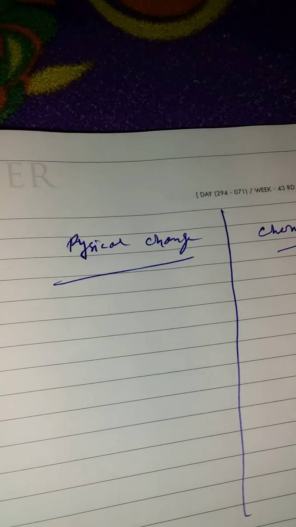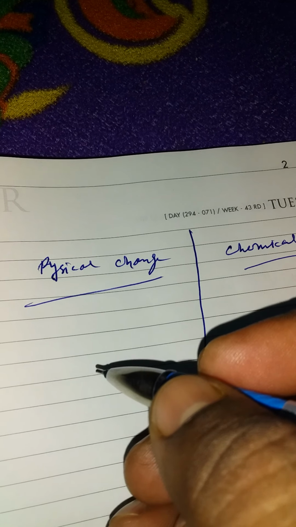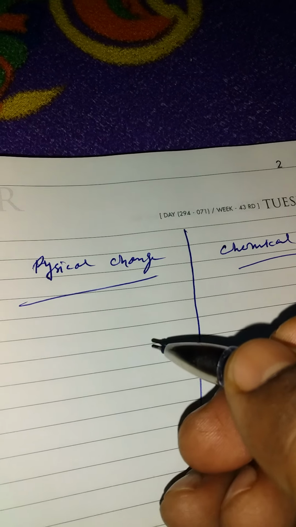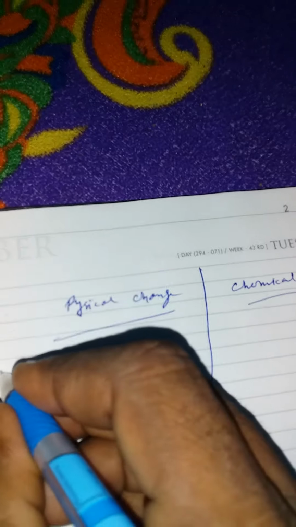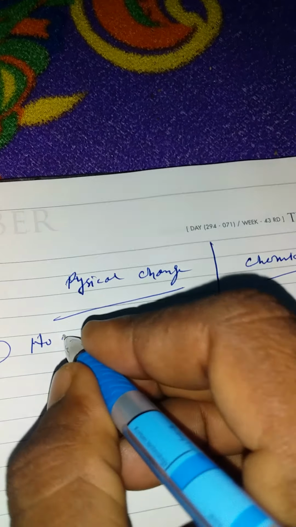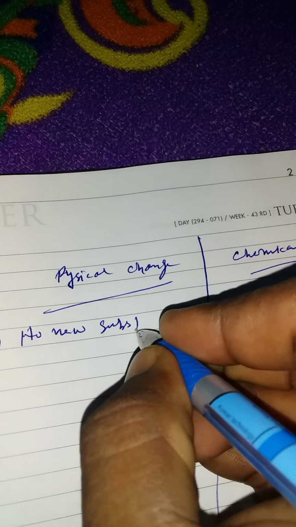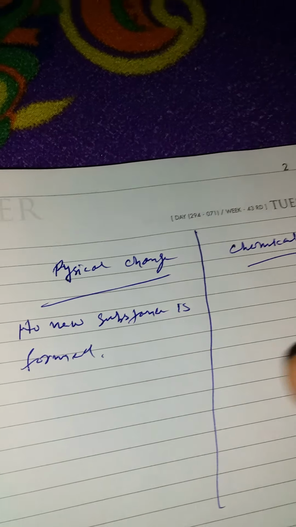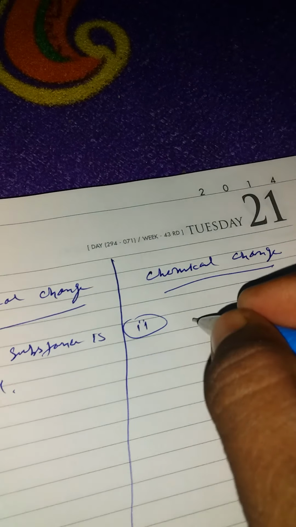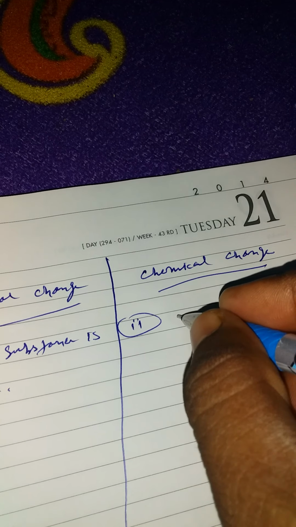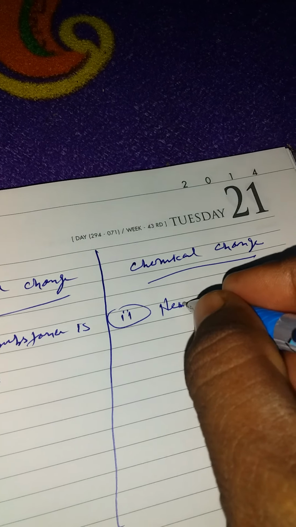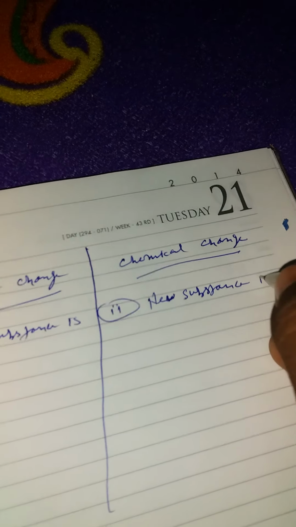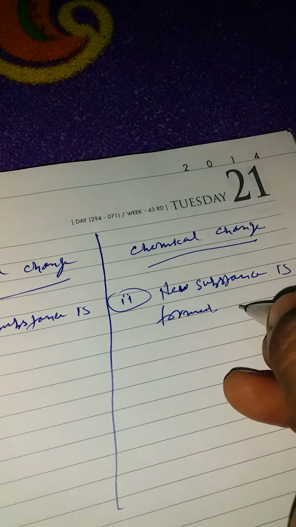In previous class, we learned that physical change is that change in which no new substance is formed, while in chemical change new substance is formed.